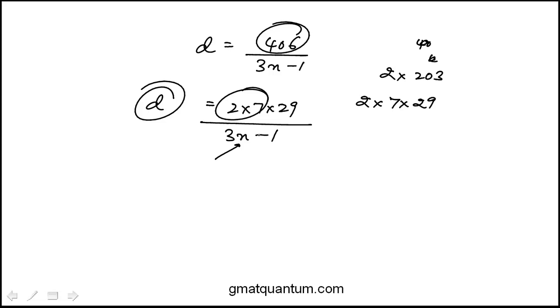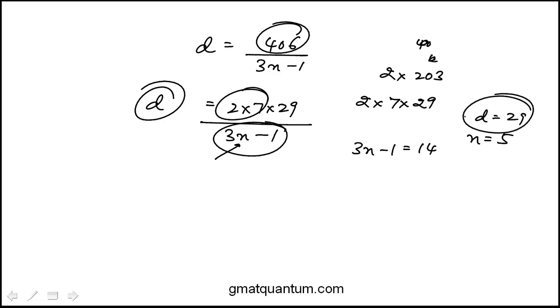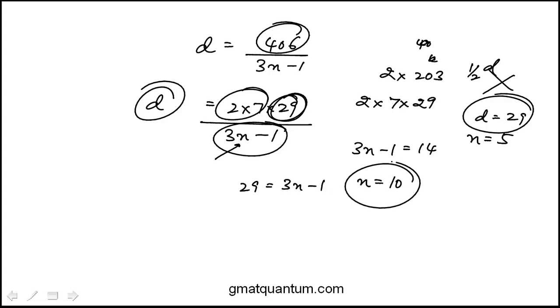So if 3n minus 1 is 14, that would give us d as 29, because that term drops out, and then n is 5. And you'll see that that doesn't give me an integer value for half d, so that one is out. Now we could pair 29 with 3n minus 1. In this case, n would be 10. That's our other solution. And d in this case, because this piece is 29, would be 14. So that would be one way you could generate.